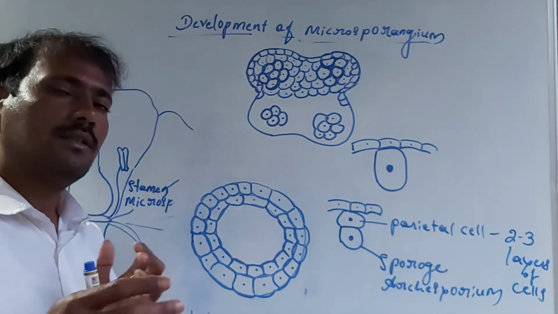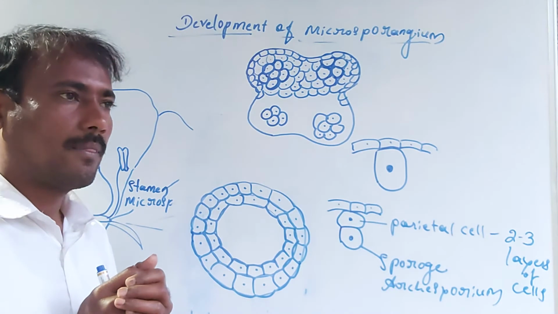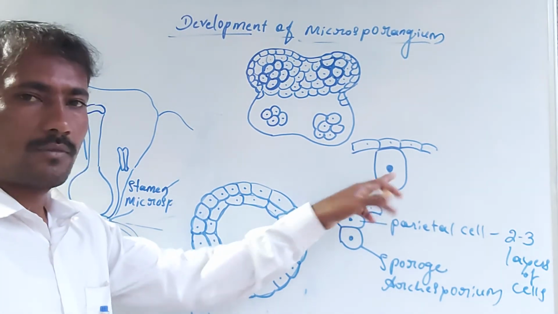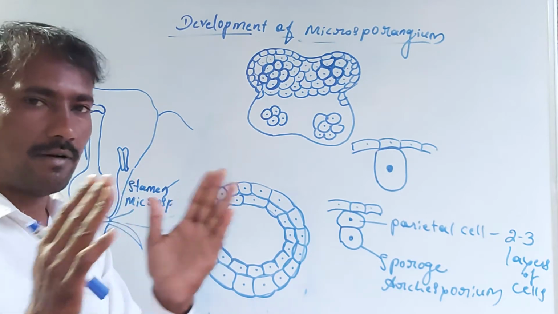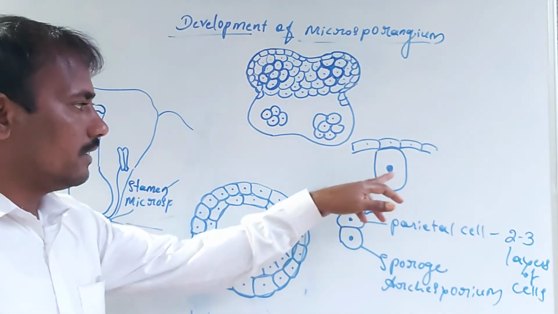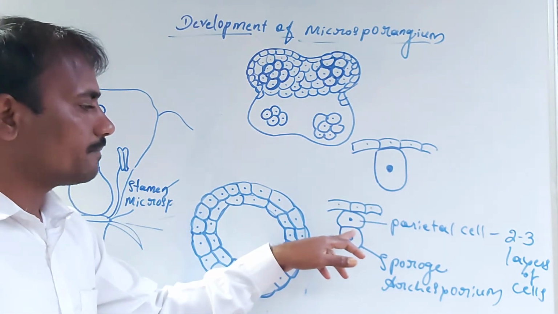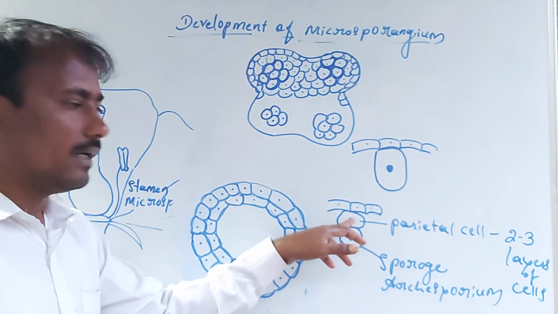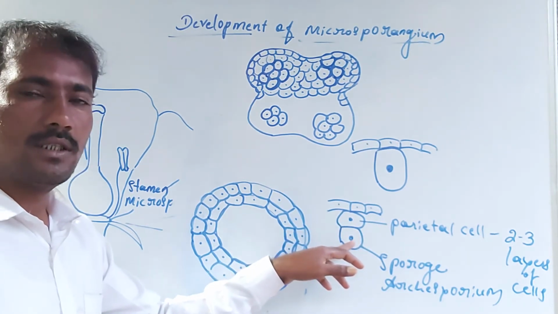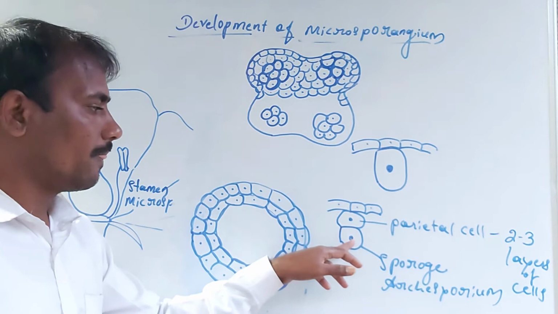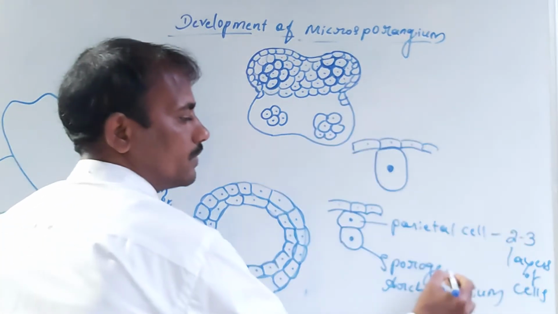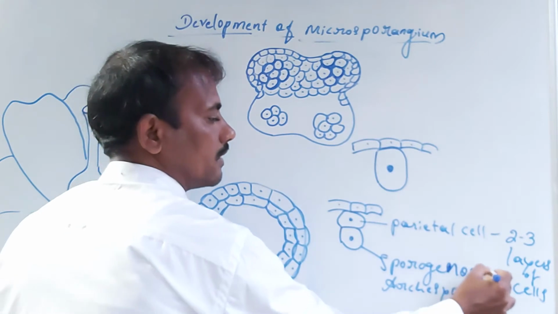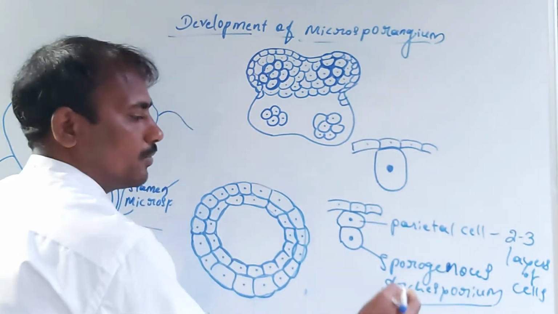Again, the cell with a dense amount of cytoplasm and the nucleus divides so that an outer parietal cell and an inner sporogenous cell are formed. This inner sporogenous cell is also known as the archisporium cell.